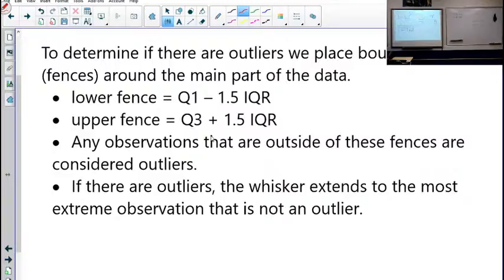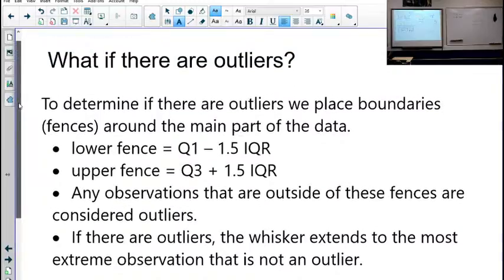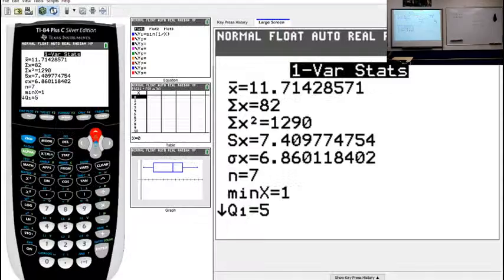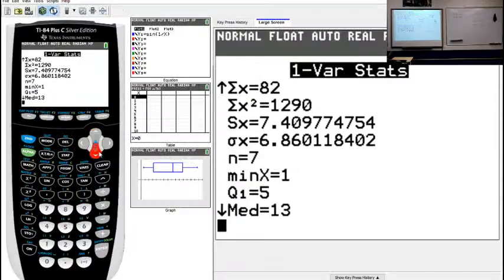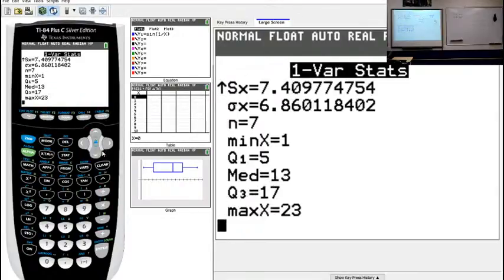So let me show you what that looks like. Let's actually do it with an example here, with the same list of data that we had before. We have the IQR. We decided that was 12.